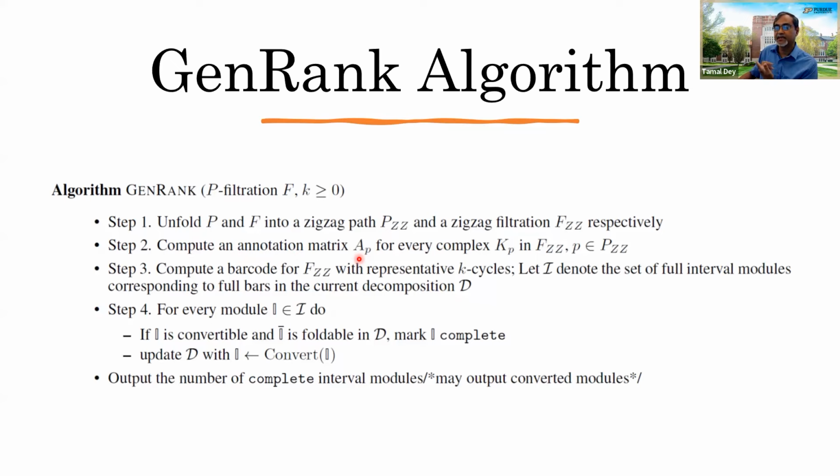And those cycles, I convert them into the coordinates of a basis through this annotation matrix, which I'll not go into the details. And once I have that, then you can do this conversion. You determine if I is convertible and I bar is foldable, and mark I complete, update the decomposition, and just repeat the step 4, as I already explained.